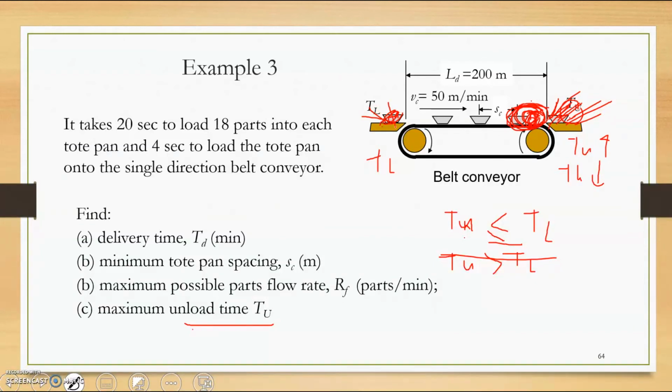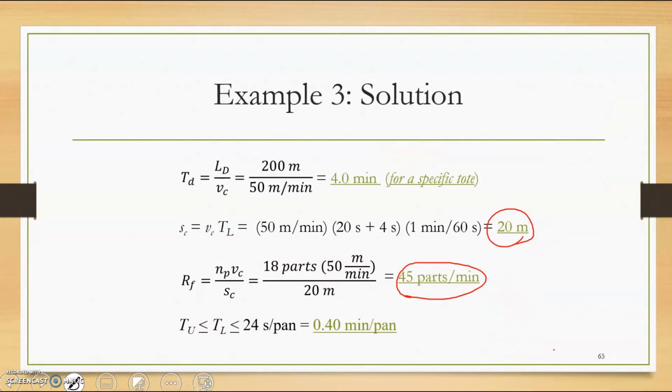And the worst scenario, we have TU equal to TL, which means that the rate of unloading is equal to the rate of loading. So this one, TL is 20 seconds plus 4 seconds, equal to 24 seconds. And you can convert it into minutes per pen. So you got this value.